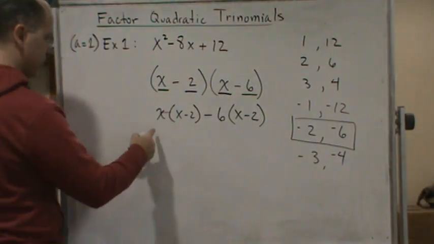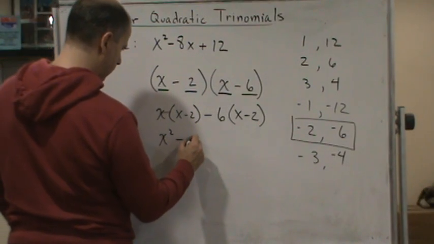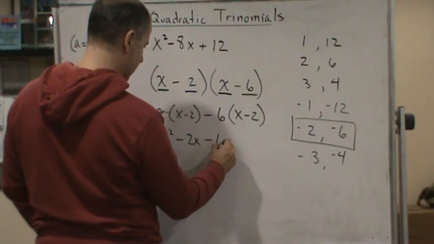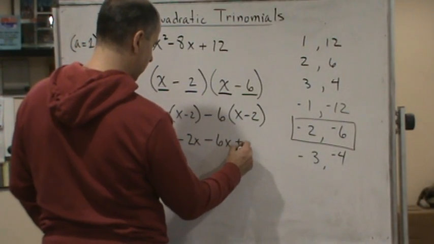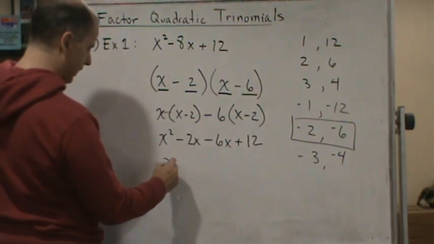Then if I distribute, I get x squared minus 2x, and then minus 6x plus 12. And look at that, I get the same thing.